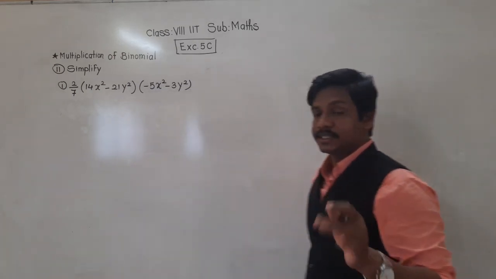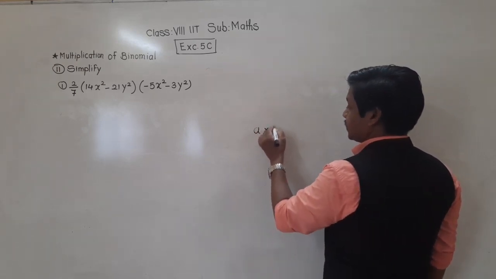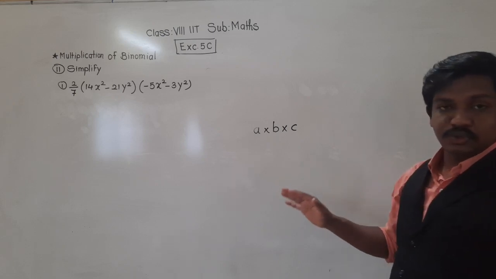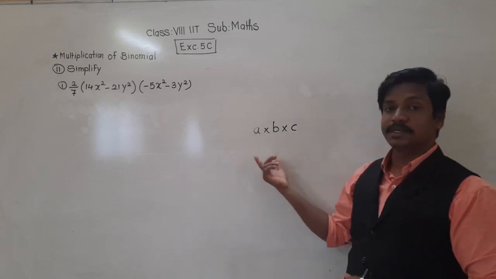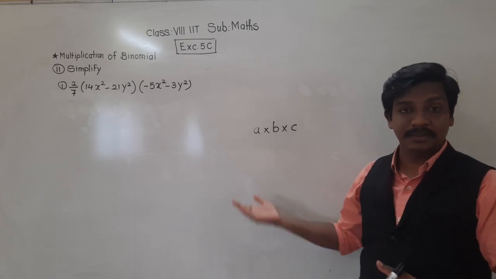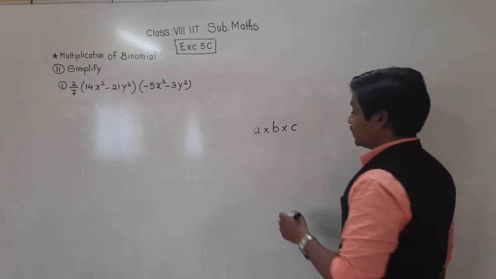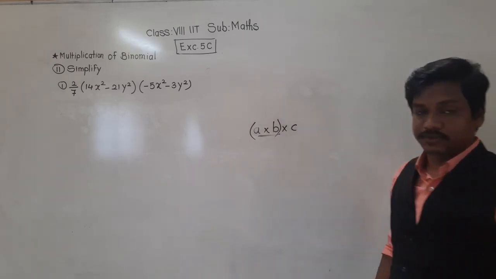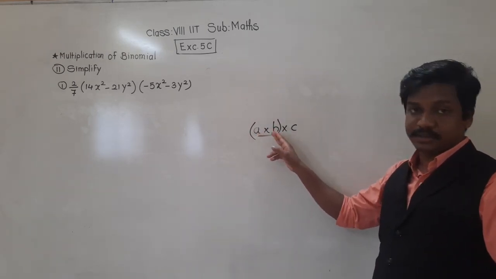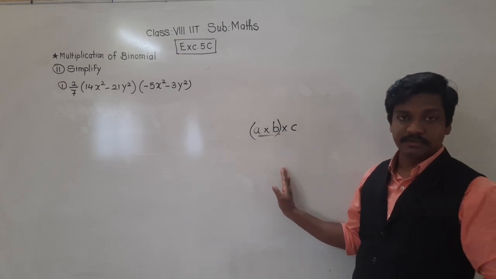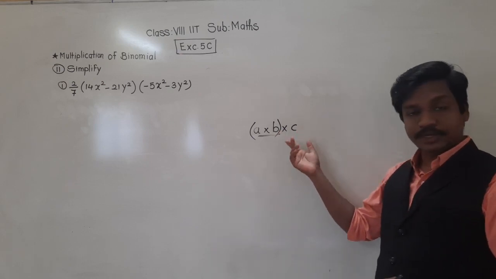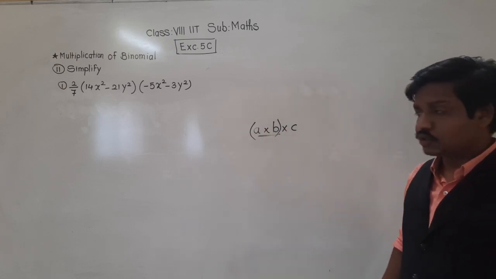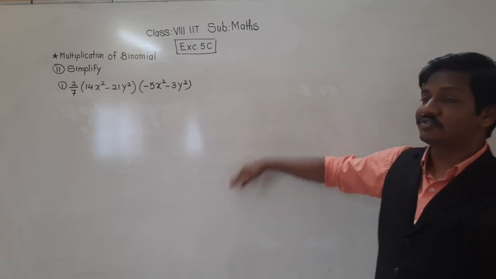We have seen that when we have to multiply three terms, three whole numbers, a into b into c, according to associative property, as associative property is applicable for the multiplication of whole numbers or rational numbers, we can multiply any two numbers first, later on we can multiply with the third one, or second and third also we can multiply first and later on multiply the product with the first one. So it's okay. Any two numbers we can multiply.